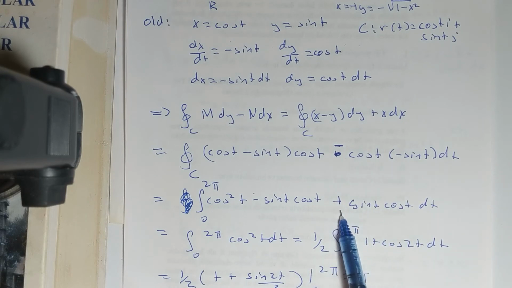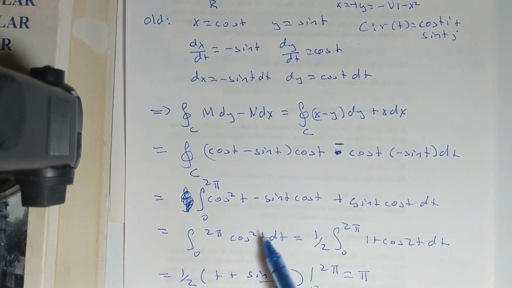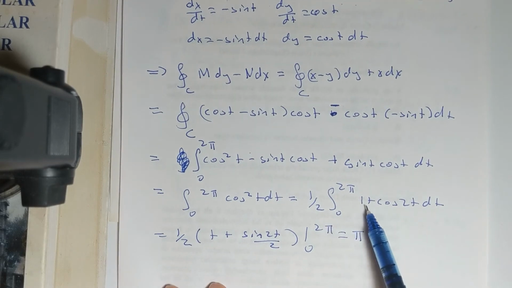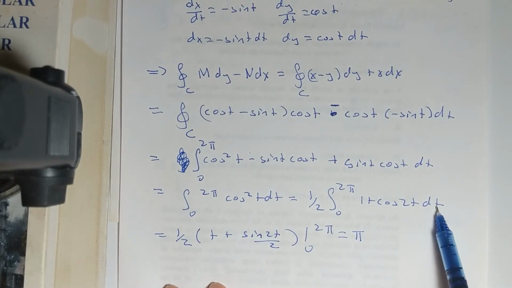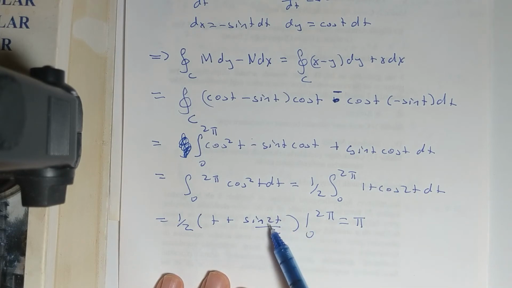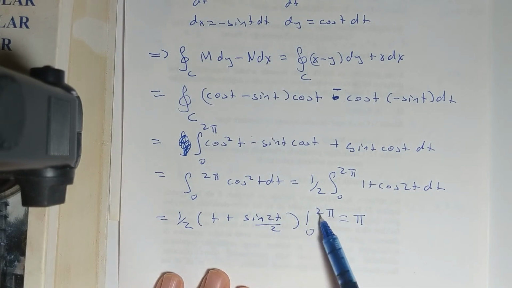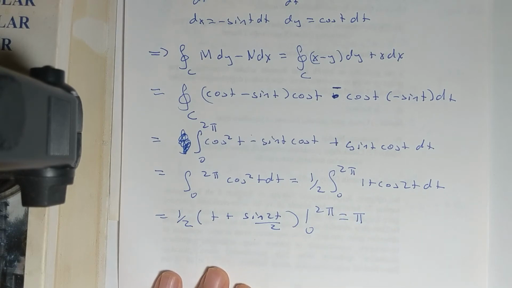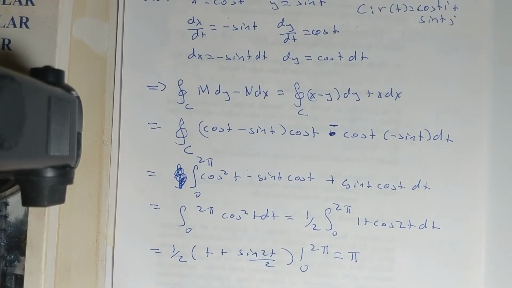The two minuses make a plus, so they cancel each other out, and we have the integral from 0 to 2 pi of cosine squared t. For cosine squared, remember, we write 1/2 times 1 plus cosine 2t dt. So we're going to have 1/2 t plus sine 2t over 4, from 0 to 2 pi. This guy is going to be 0, so you get 2 pi over 2, which is again pi. So it gave the same answer both ways.